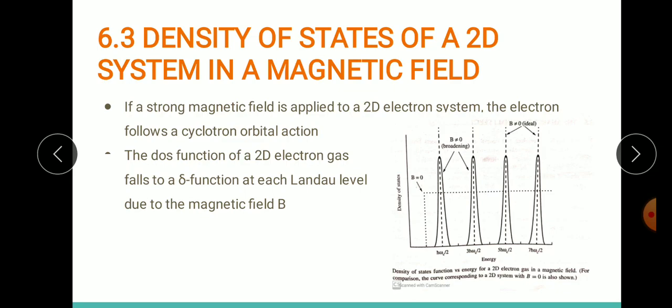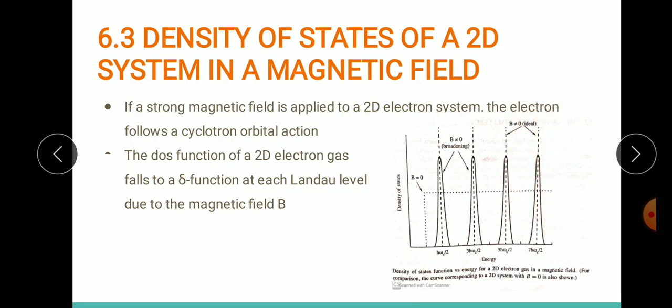If you are applying a strong magnetic field to a 2-dimensional electron system, the electrons follow a cyclotron orbital motion, a simple harmonic orbital behavior. Initially, if there was no magnetic field for a 2-dimensional system, its DOS was a straight line, right? It was just a straight line.